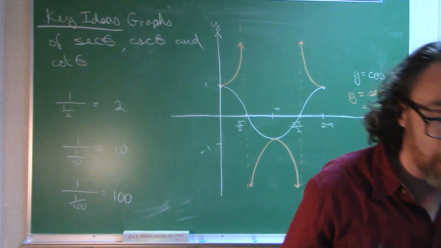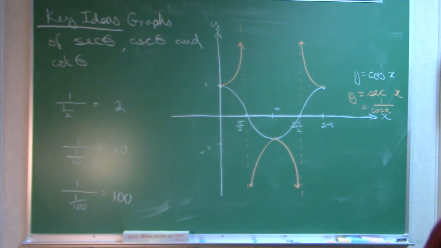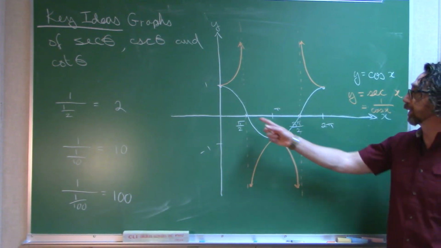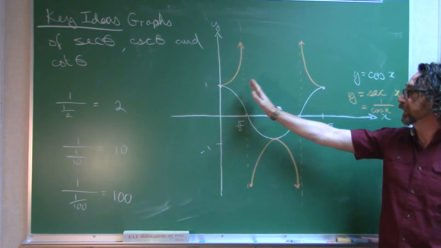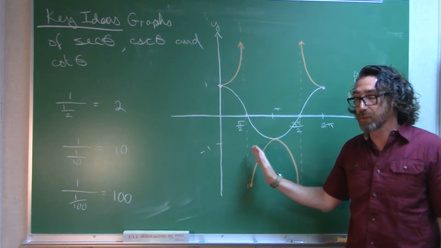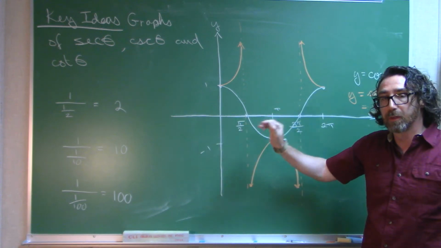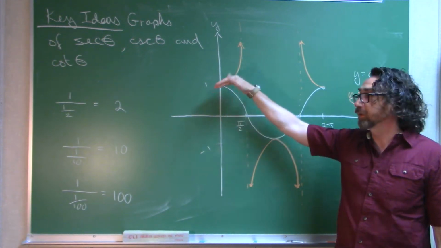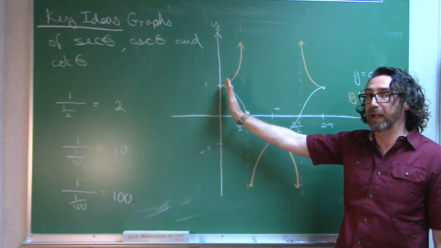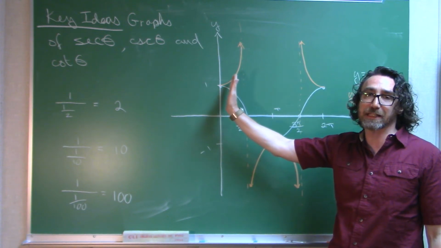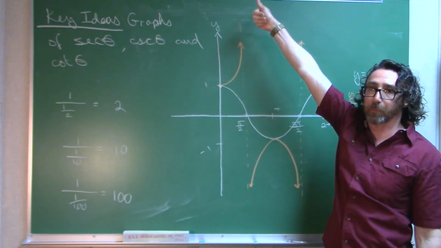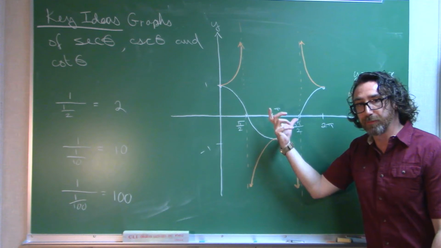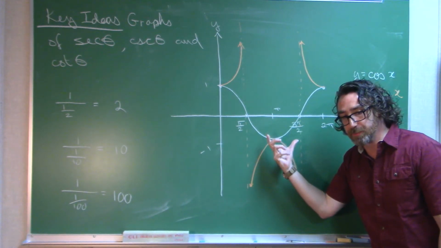Hopefully you can distinguish between the two colors. If your graph is above the x-axis when you approach an asymptote, balloon up. If your graph is below, you plunge down.